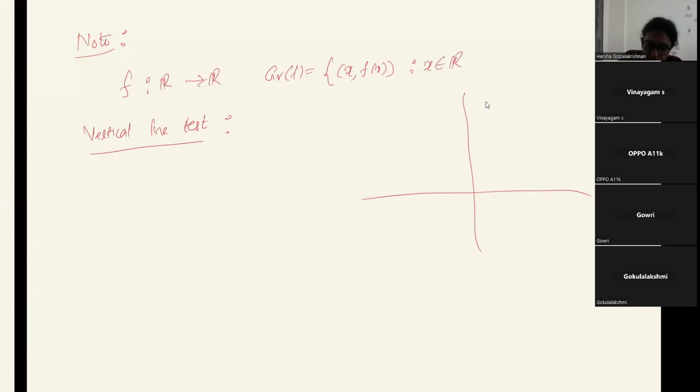Suppose a map f is given and I don't know whether f is a function or not. Does this figure represent a function or not?